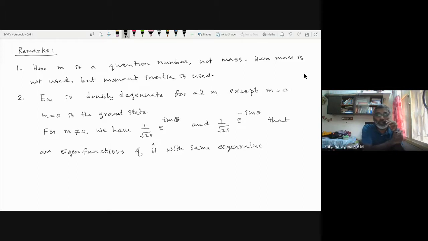So that is why each E_m, that is m not equal to 0, is doubly degenerate, because there are two eigenfunctions corresponding to the same eigenvalue. We call this one psi m of theta, and we call this one psi minus m of theta. So both functions have the same energy eigenvalue.